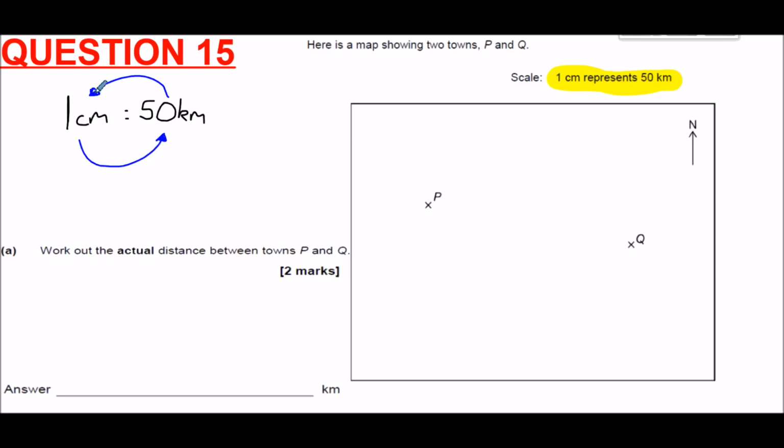In this case, the number that isn't 1 is 50. So if we're changing from centimetres on the map to kilometres in real life, we're going from a smallish number to a bigger number. So we'd multiply by 50. Therefore, going the opposite way round, we'd be doing the opposite thing and dividing by 50 instead.